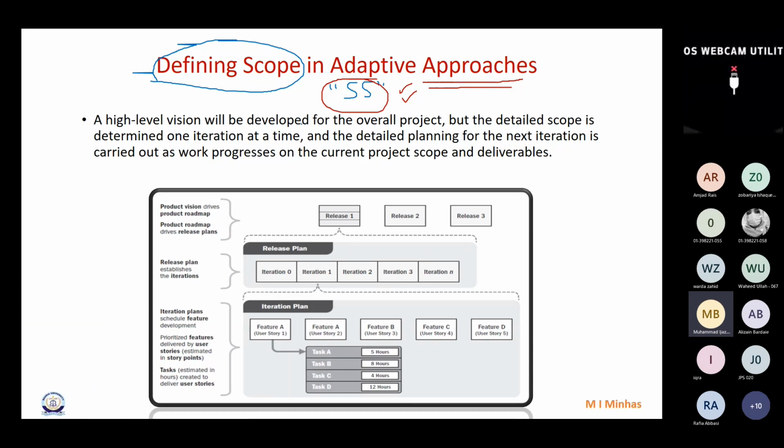Again, like requirement gathering, here there's a different scenario in adaptive approaches: scope is continuously refined throughout the project. Clear? So we have a mechanism to adapt to those changes in scope, and that's why these approaches are called adaptive approaches. Correct?